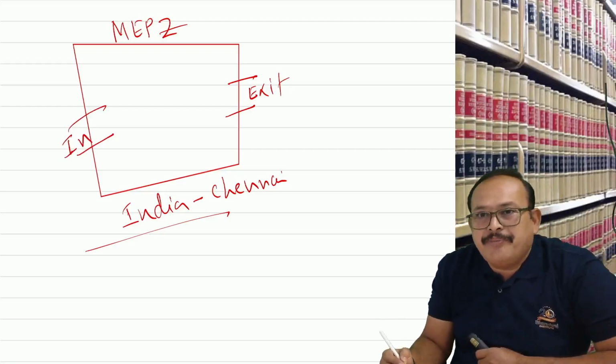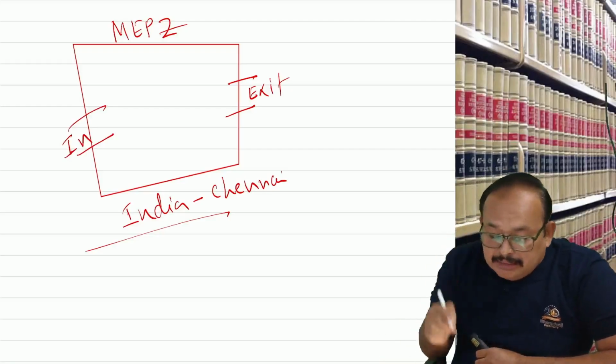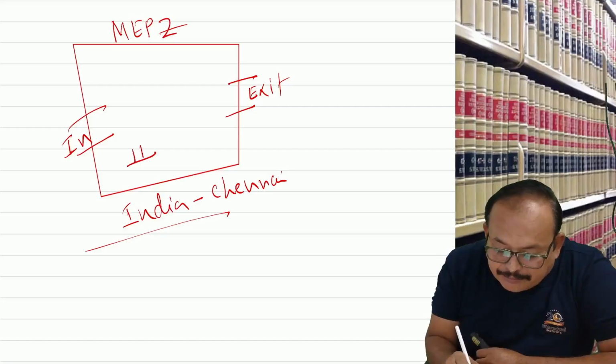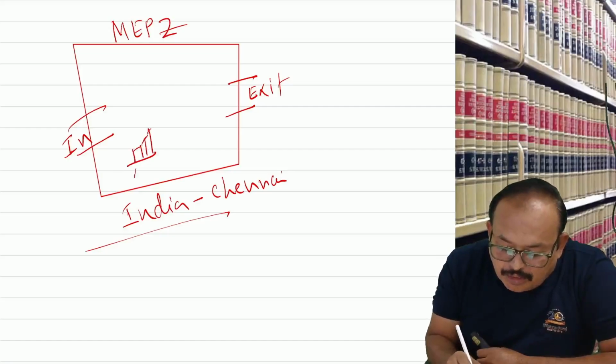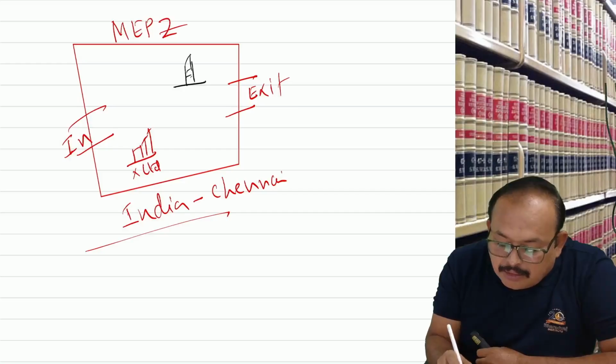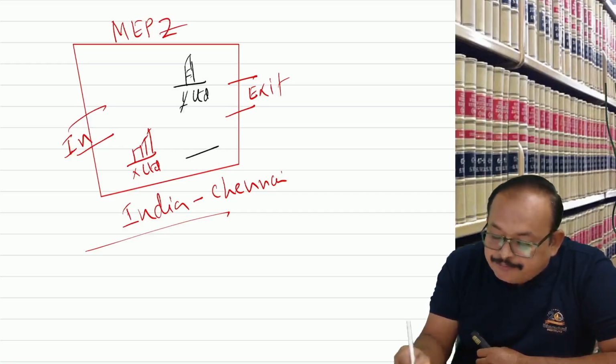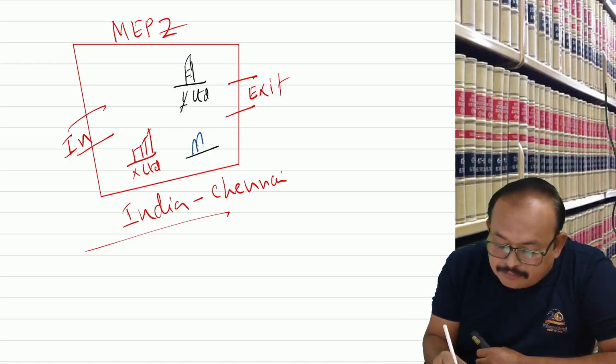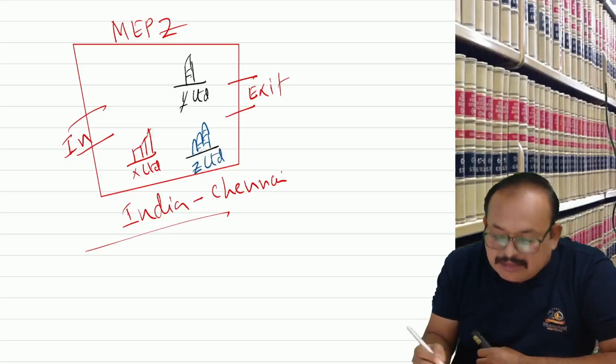Get the point, sir? Now, here one unit called X Limited, here one unit called Y Limited, here one unit called Z Limited.